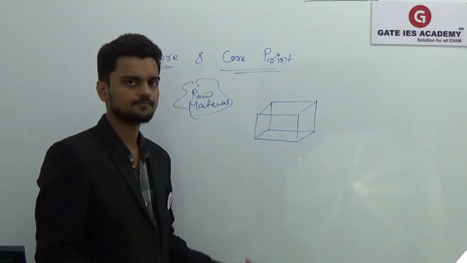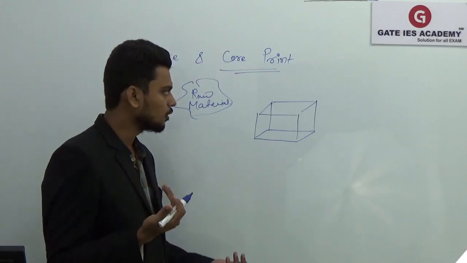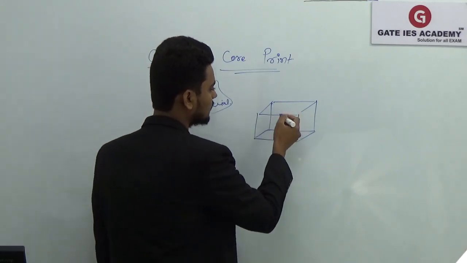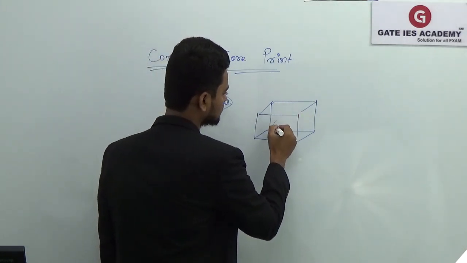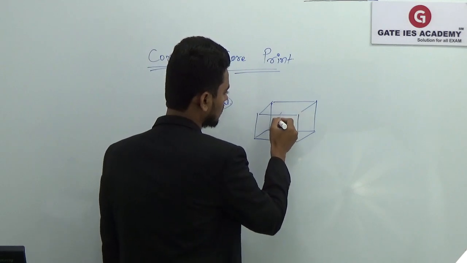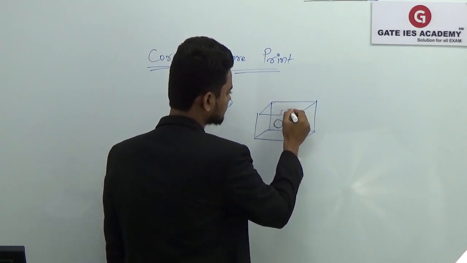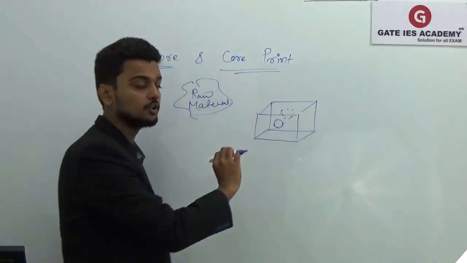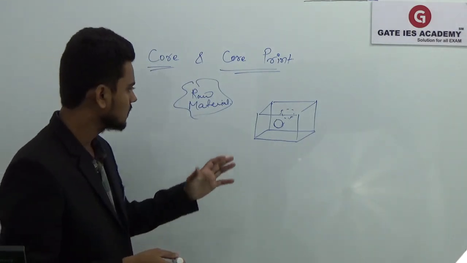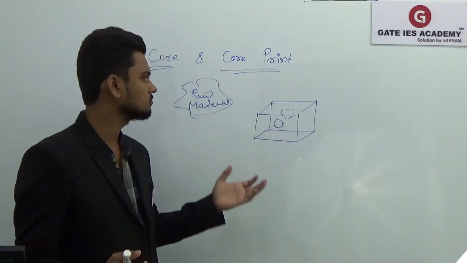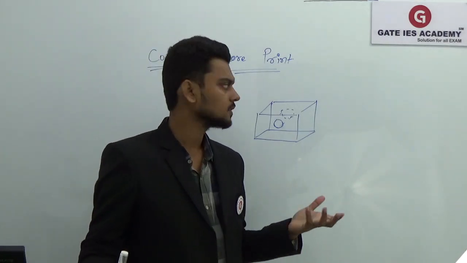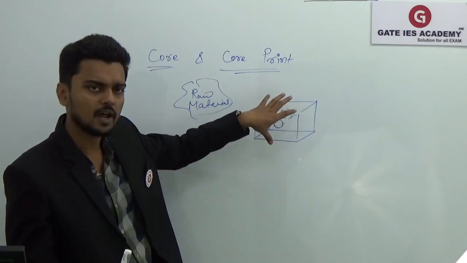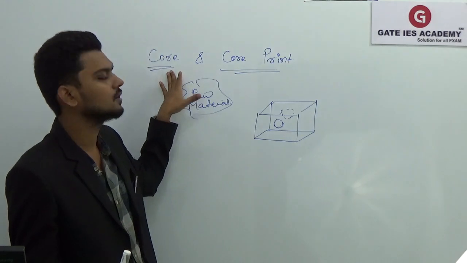After solidification you will have the casting. But suppose we have to make a cavity, a hole, in this cube. What will you do? For the solid, we require the pattern. Now if we have to make a cavity in the product, we will use the core.